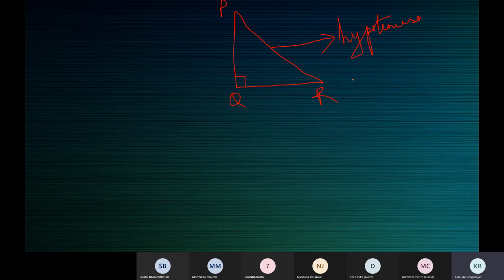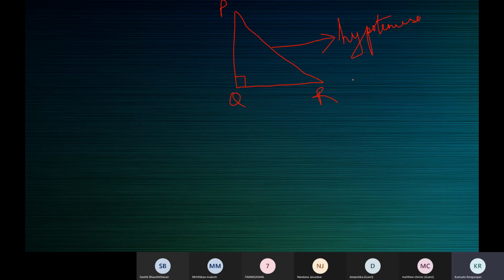The term hypotenuse is related only to a right triangle. This term is not related to any other triangle. Hypotenuse is nothing but a side of the triangle, and it is the longest side.